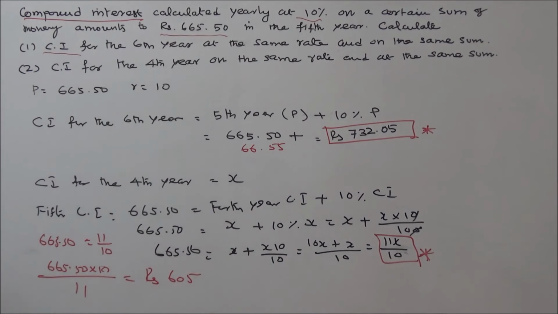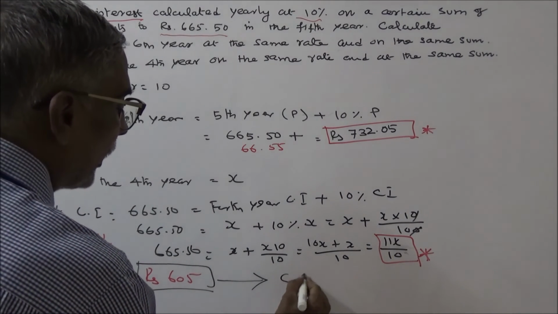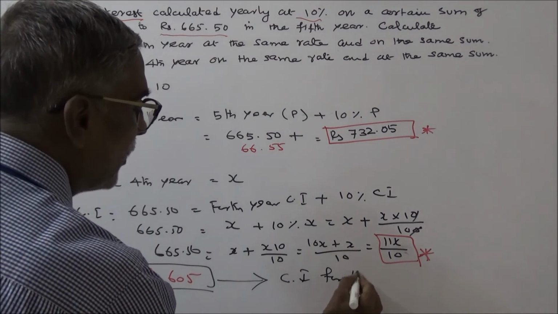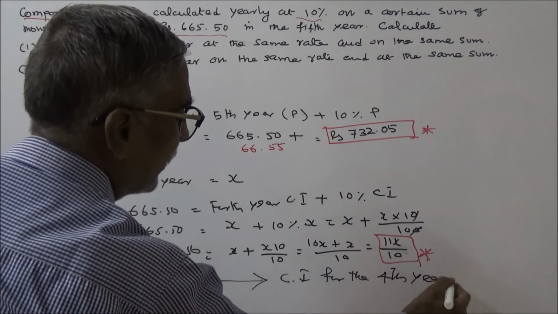So rupees 605 is the compound interest for the fourth year. That is the question.